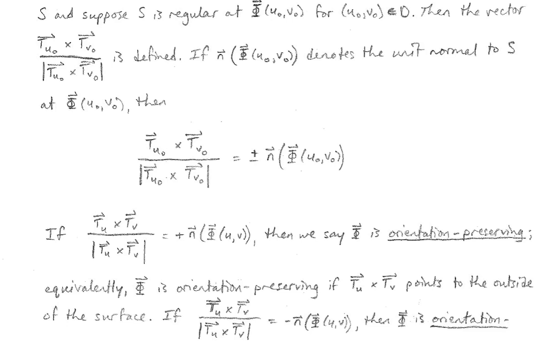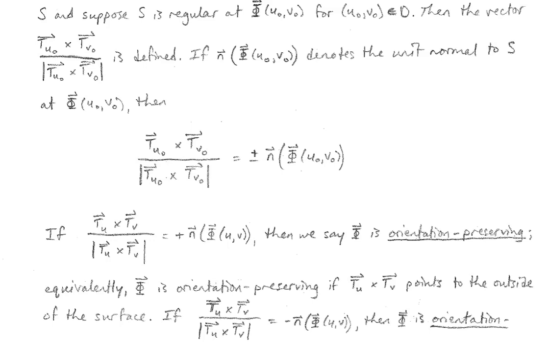Now, specifically just that vector, it will either be plus or minus, and based on which one it is, we have a special term for it. If t_u cross t_v divided by the norm of that vector is the positive n, then we say that the parameterization that we have is orientation preserving.